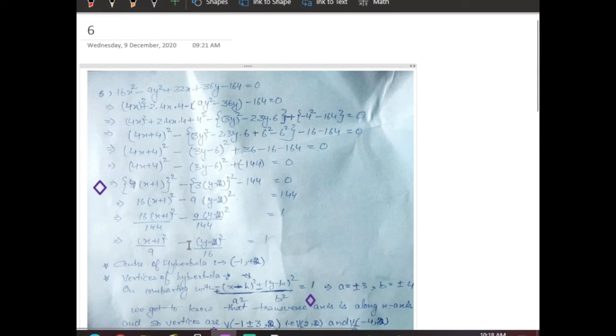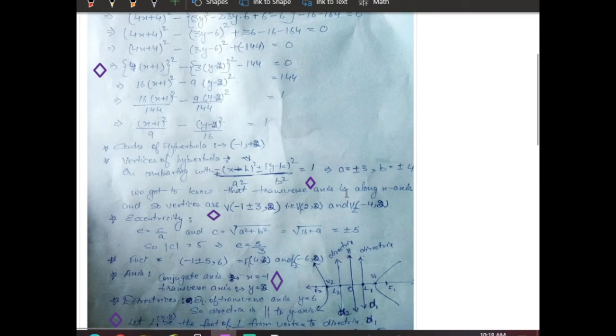Both the terms are of opposite sign and the negative sign is with this. That means your transverse axis is along x-axis. For ellipses we look at 9 and 16, which one is greater, and for hyperbola we look at the signs here. So the transverse axis is the x-axis.